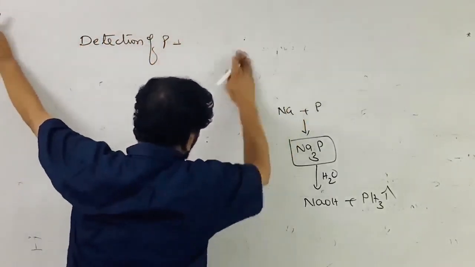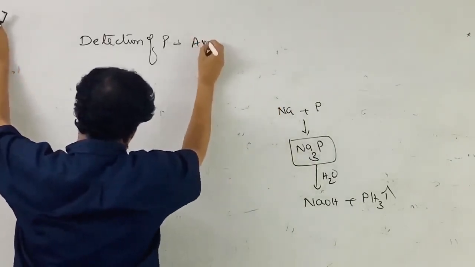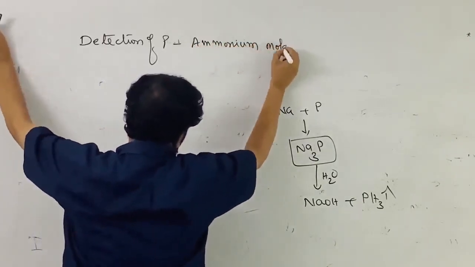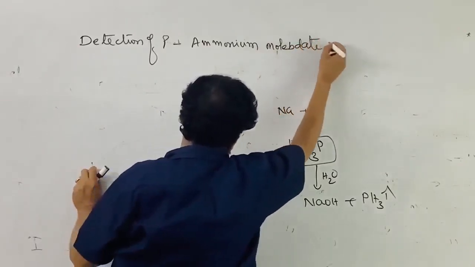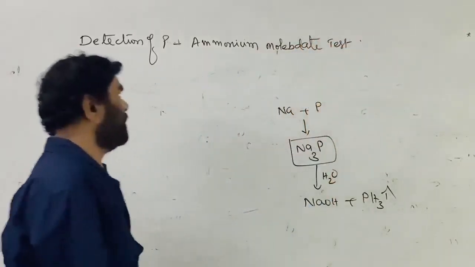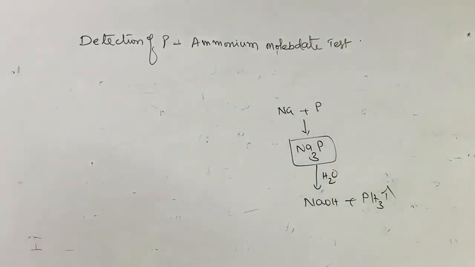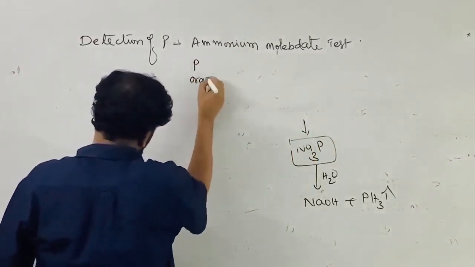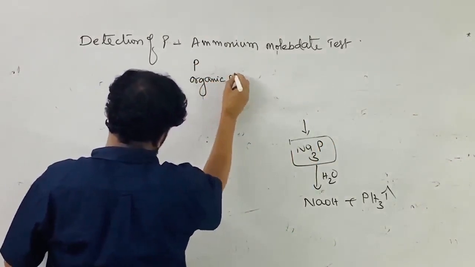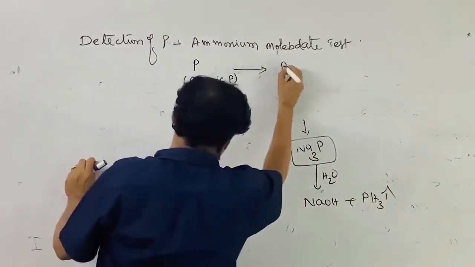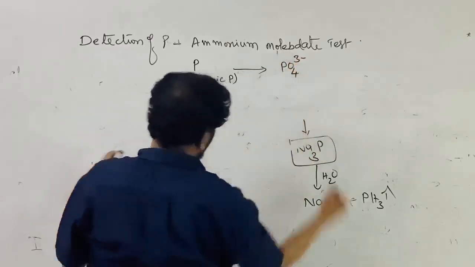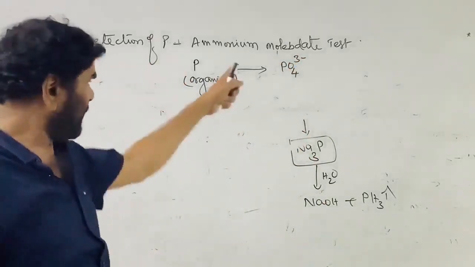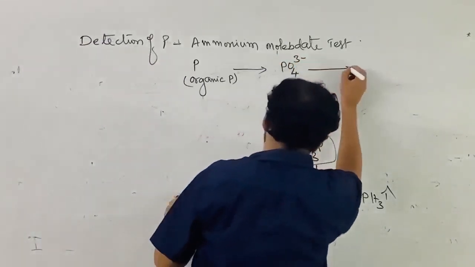Phosphorus and the ammonium molybdate test. In this test, the organic phosphorus is finally converted into the phosphate ion, and the test for the phosphate ion is by using ammonium molybdate.